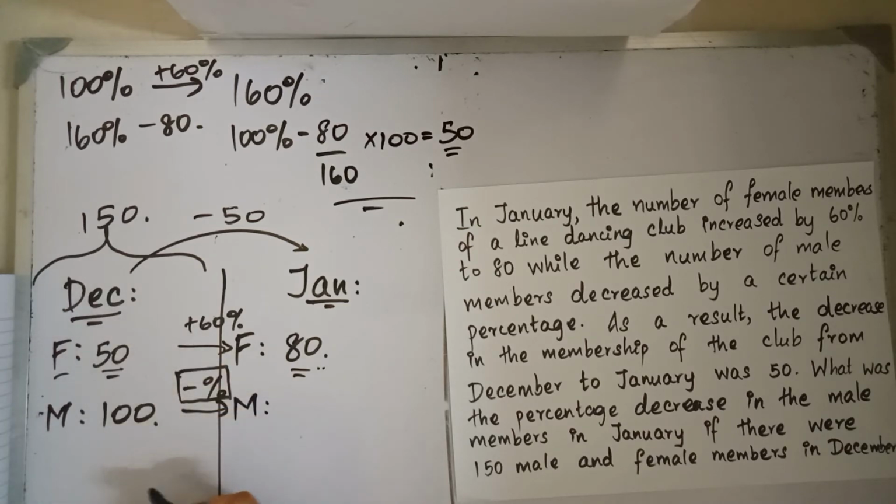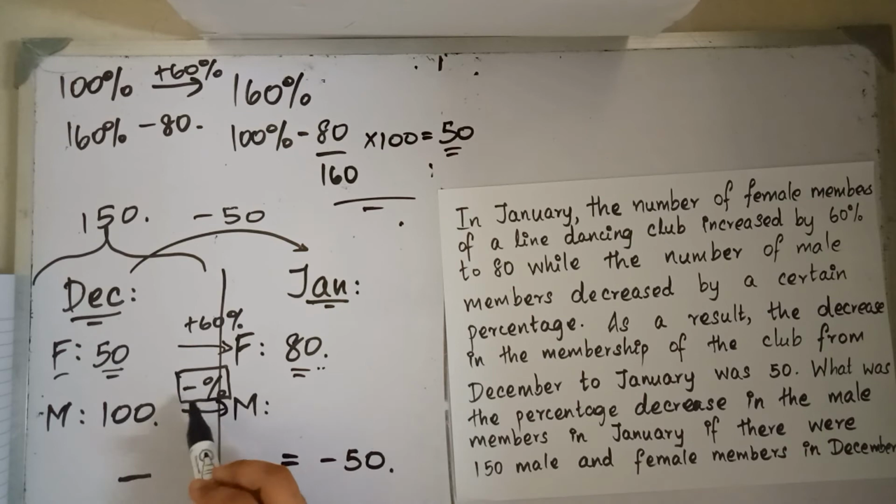So let's take this decrease, which is the overall decrease, minus 50, and this includes the change in the number of males and the number of females. What was the change in the number of males?